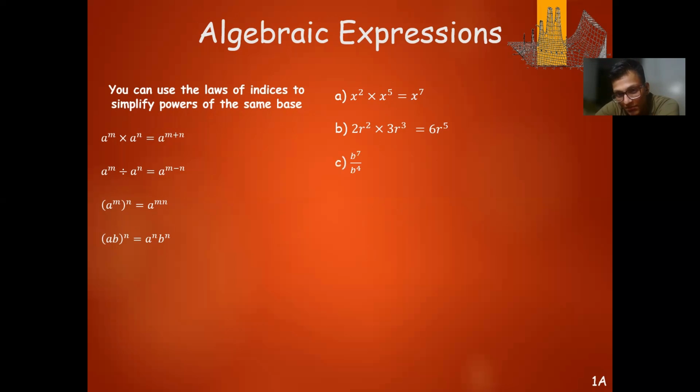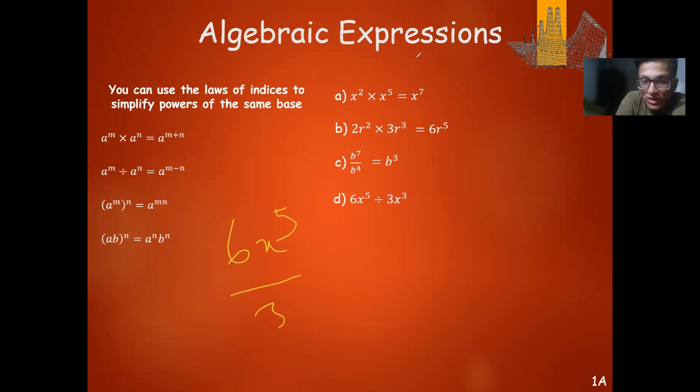Moving on, b power 7 divided by b power 4 is going to equal b power 7 minus 4, which will equal b cubed. Same thing over here. We simplify the expression here because now, let me just draw this. We're now going to divide 6x power 5 by 3x cubed. 3 and 6: 6 comes in the 3 table, so we can take out 3 from 6.